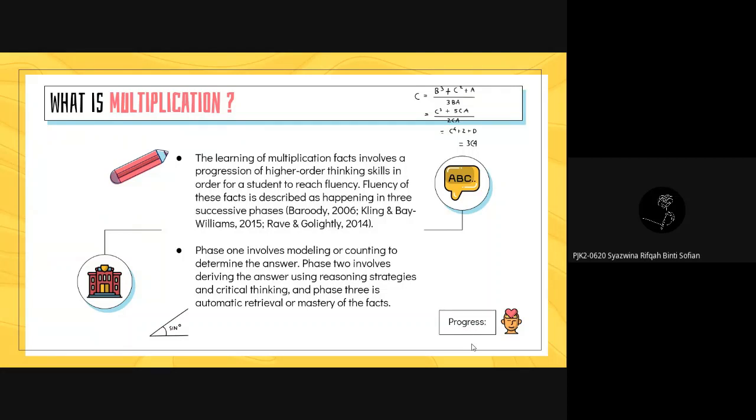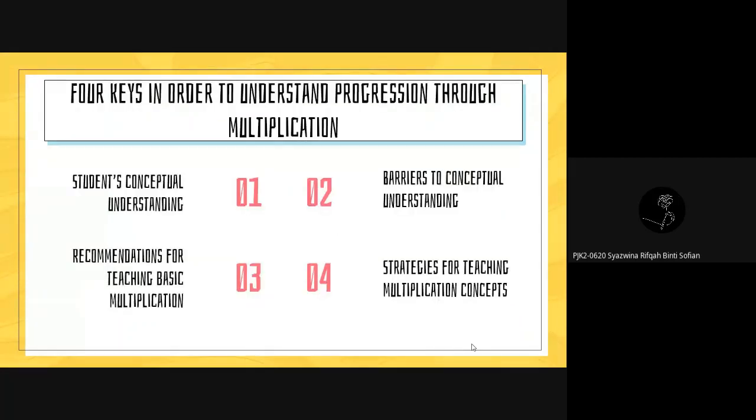So, phase 1 involves modeling or counting to determine the answer. Phase 2 involves deriving the answer using reasoning strategies and critical thinking. And phase 3 is automatic retrieval or mastery of the facts. There are 4 key areas to understand the progression through multiplication.